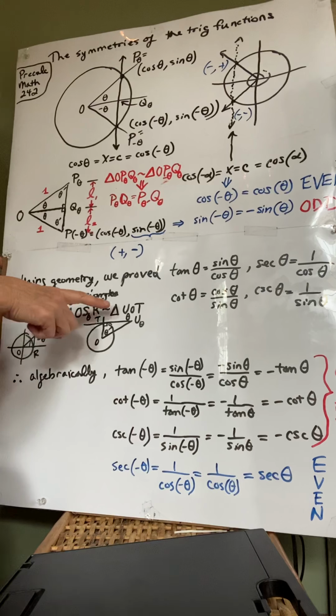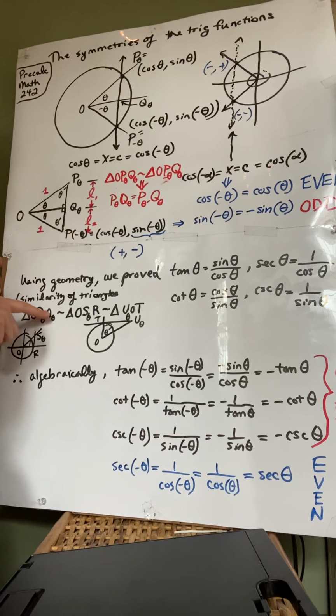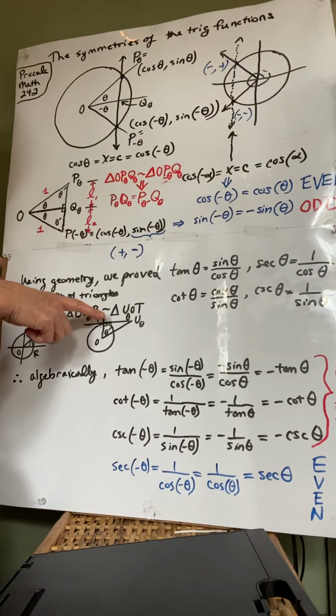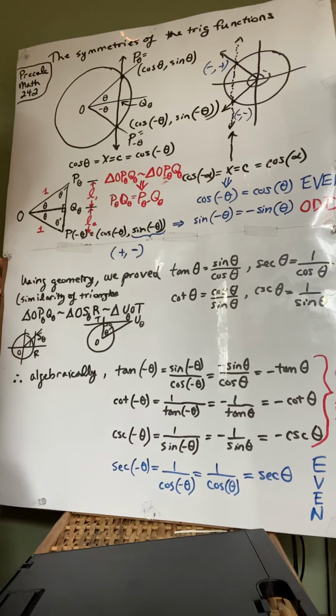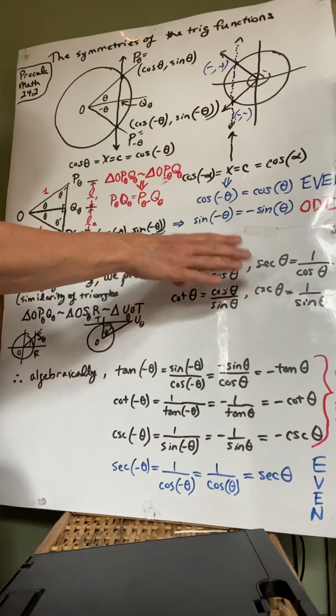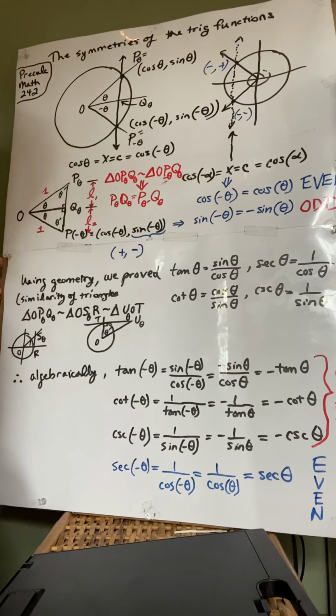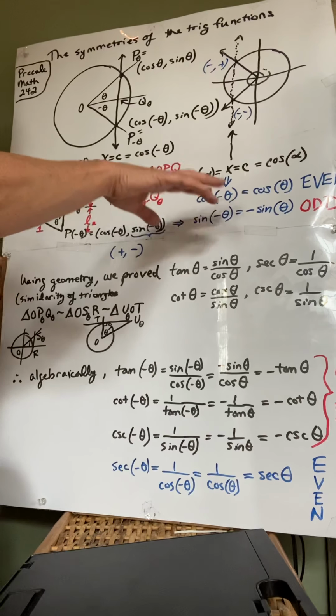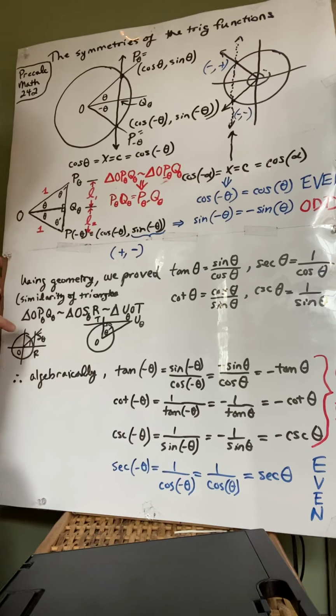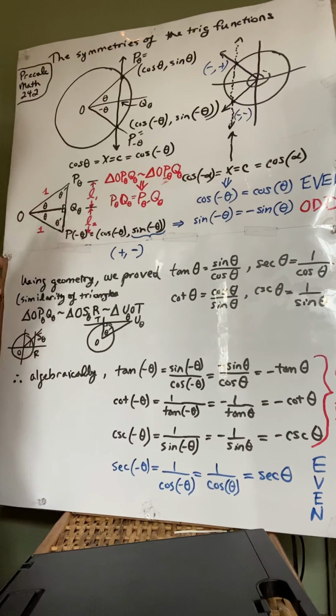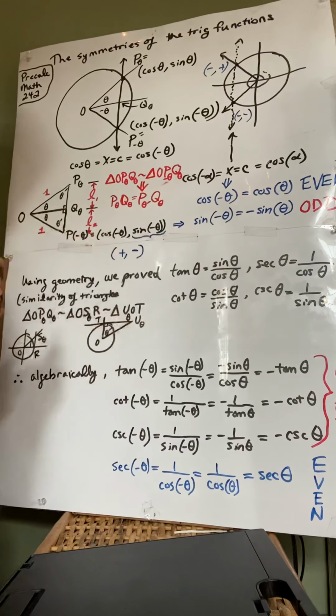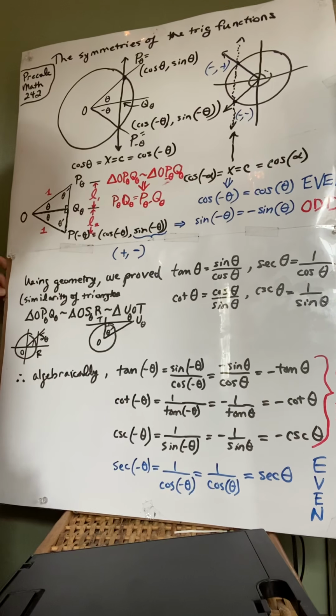Remember, they came out of the similarity of triangles OPQ, OSR, and UOT. We established this already using similarity of triangles. And that was true for angles theta that were acute, between 0 and pi over 2. Then we defined for any angle that these would be the definition of those functions.